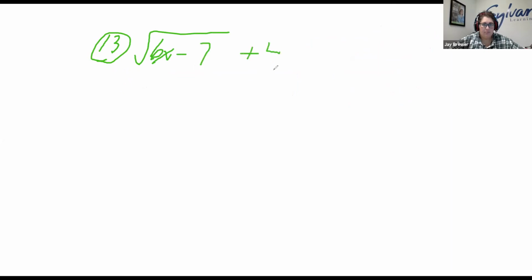Outside the square root is a plus 4 equals 0. We have to solve this, so what's the first step you're going to take? Would you get rid of that positive 4 by subtracting it? Mm-hmm.